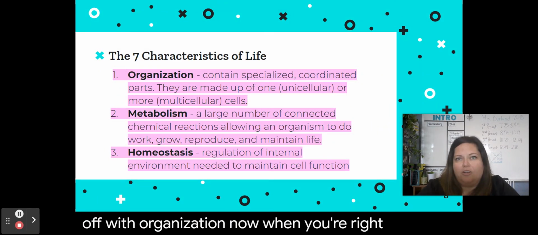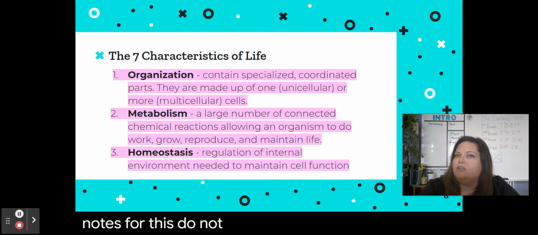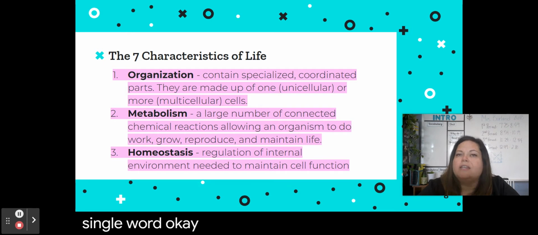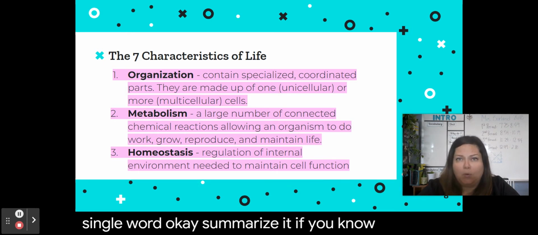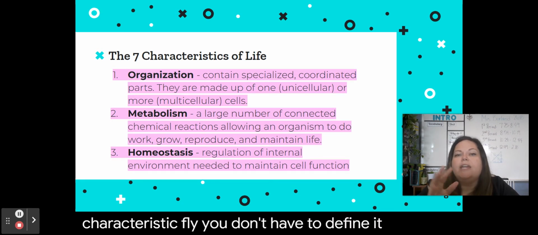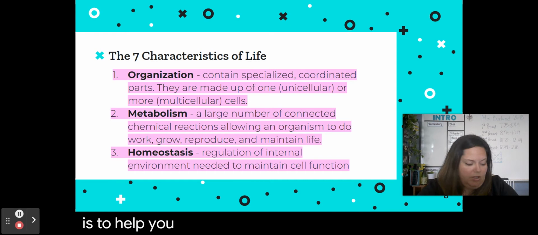Now, when you're writing your notes for this, do not feel like you have to write every single word. Summarize it. If you know what organization means when we talk about characteristics of life, then you don't have to define it. This is to help you.